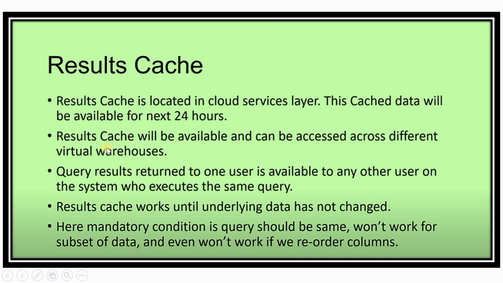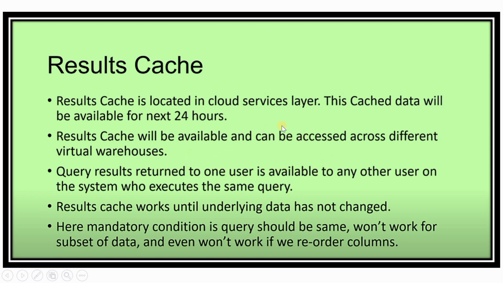A query result returned to one user is available to any other user on the system who executes the same query. As I discussed about roles, suppose there is an admin user and a sysadmin. Suppose admin has fired some query, fetched the data from the remote disk and stored it in the results cache, and sysadmin fires the same query.